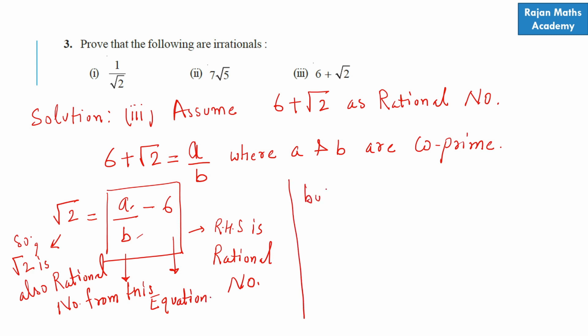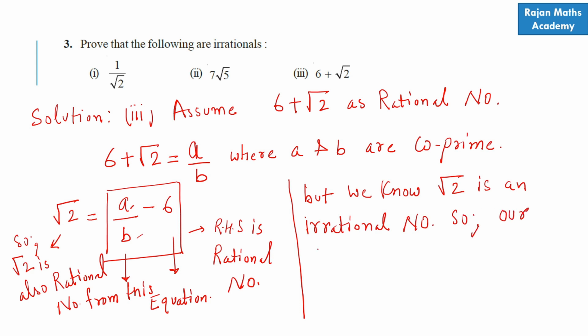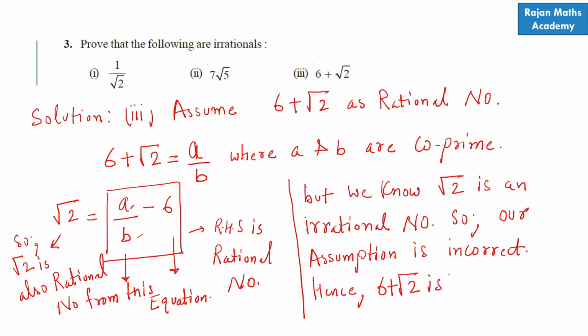But we know root 2 is an irrational number, so our assumption is incorrect, hence 6 plus root 2 is irrational.